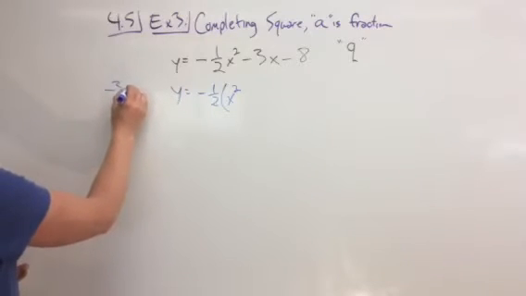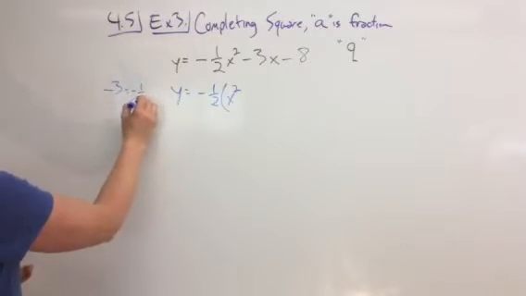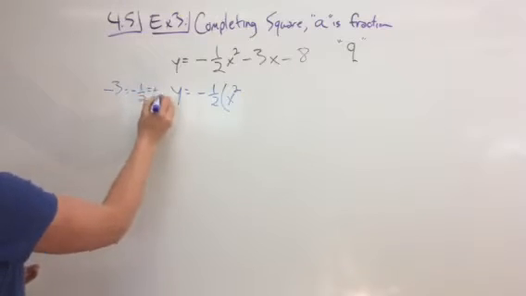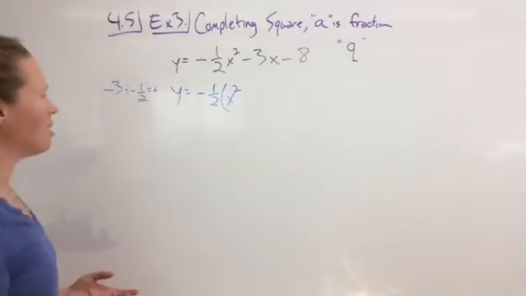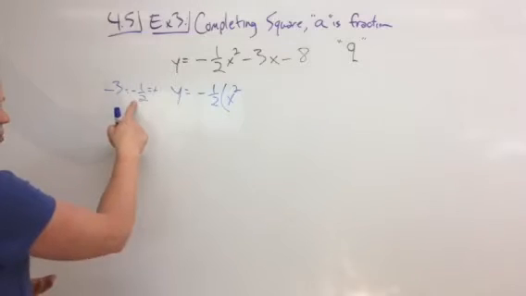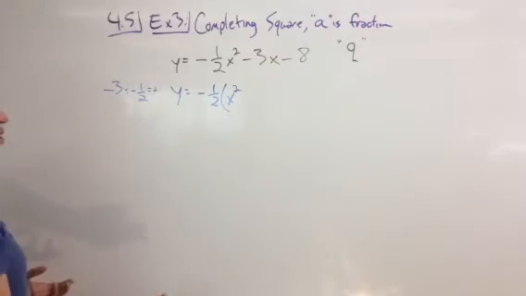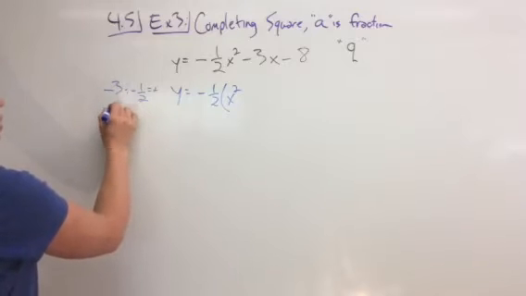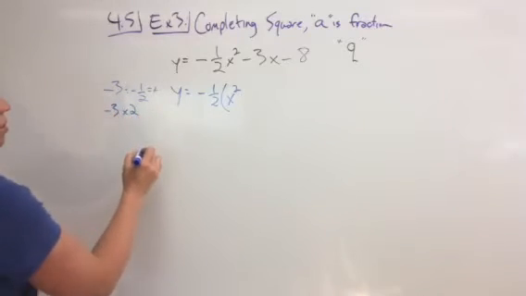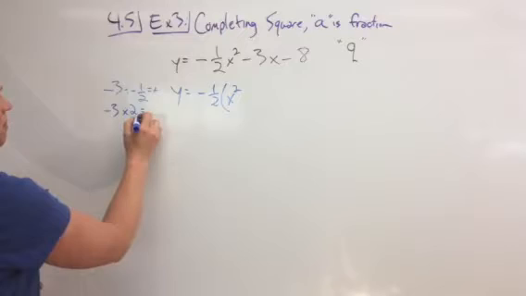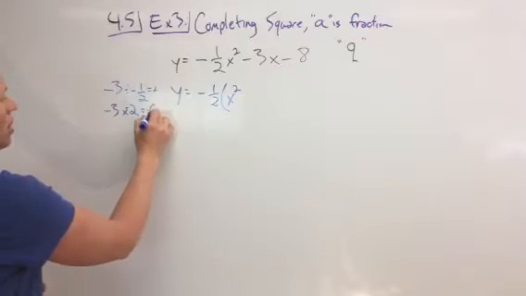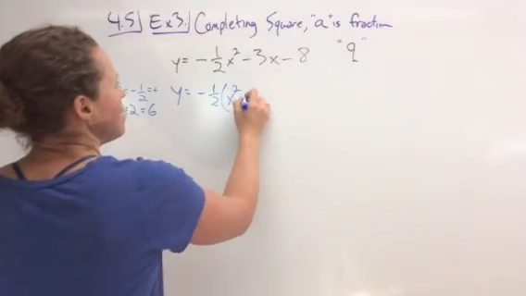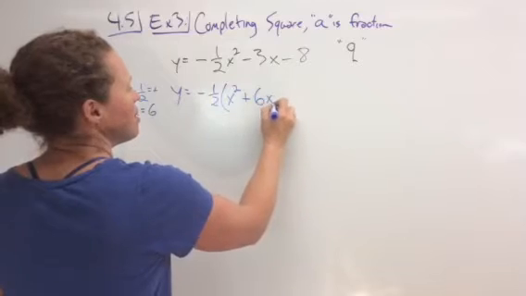Negative 3 divided by negative 1/2. Well, it's going to be a positive number, for one thing. And if you divide by 1/2, it's the same as multiplying by 2, right? The reciprocal thing. So negative 3 times negative 2 is going to give me 6. So this is actually going to change into plus 6x.